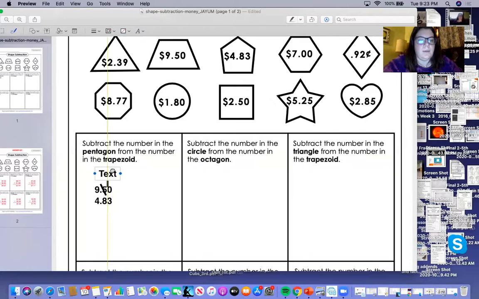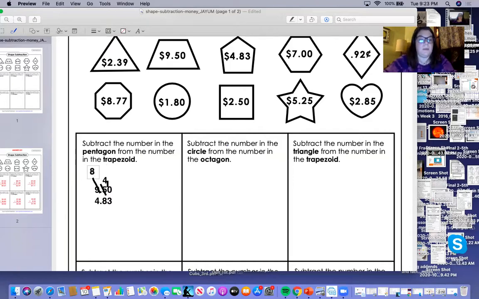all right. So now I have 4 dimes and 10 pennies here. So I'm able to subtract my pennies. I can take 3 from 10, but I can't take 8 from 4. So I'm going to regroup again, and take away one of my dollars here.